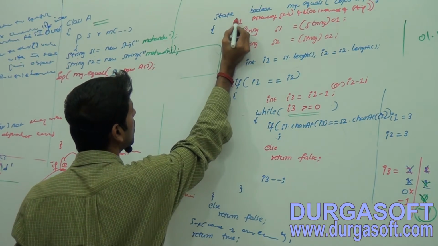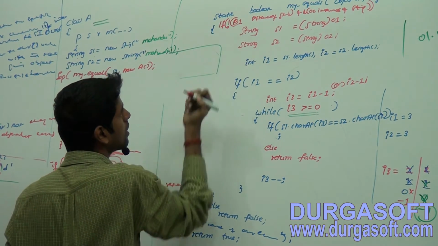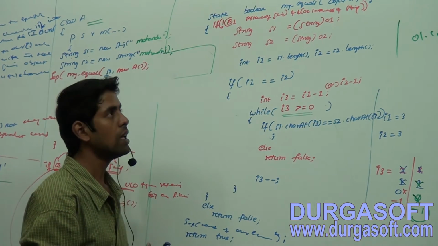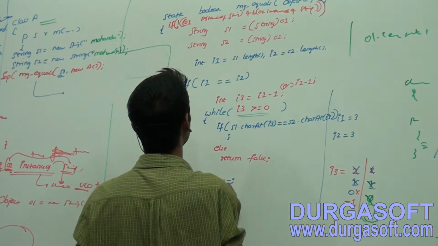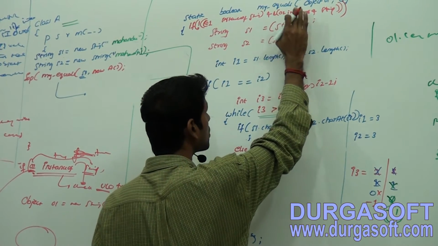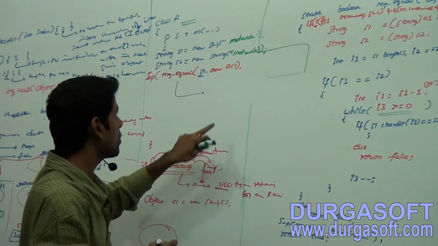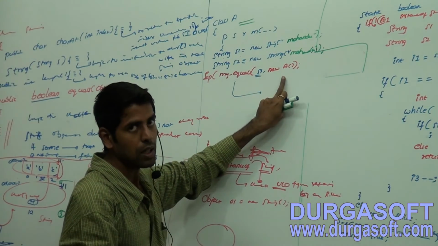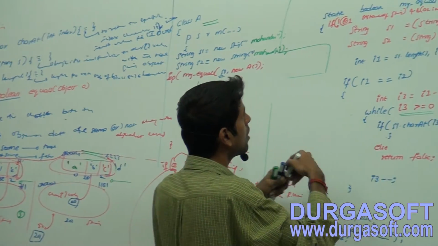Now observe, let me use the Boolean complement operator. If this is false, if this is true, observe here. New, I have passed, S1 type is what? String. This one returns what?